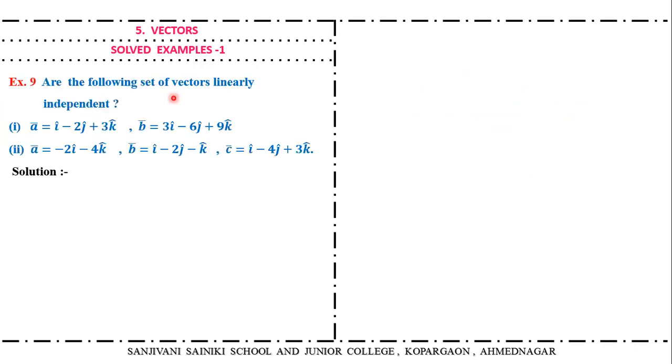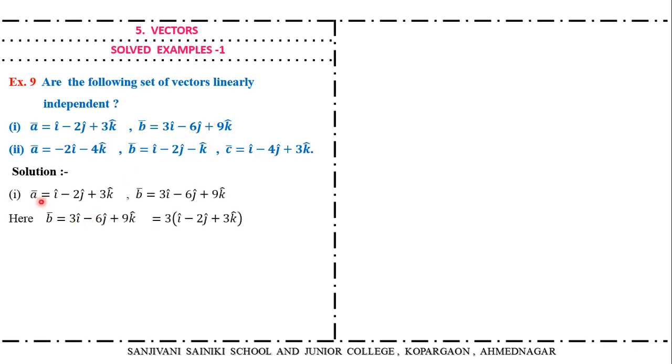Are the following sets of vectors linearly independent? We have to check whether the given vectors are linearly independent or not. Linearly independent means their linear combination is 0 only when the scalars are 0. A bar is given, b bar is given. So we can write b bar as a scalar multiple of a bar.